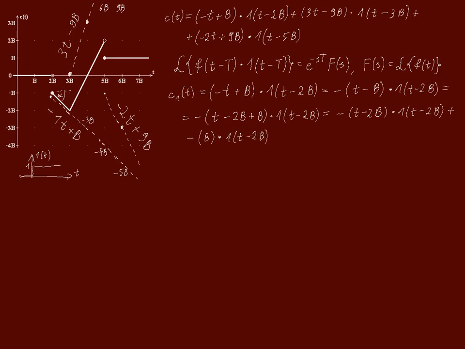I wrote the constant b in brackets to emphasize that it should be multiplied by what was before and after the brackets. And we can now apply the time shift property to these two components.